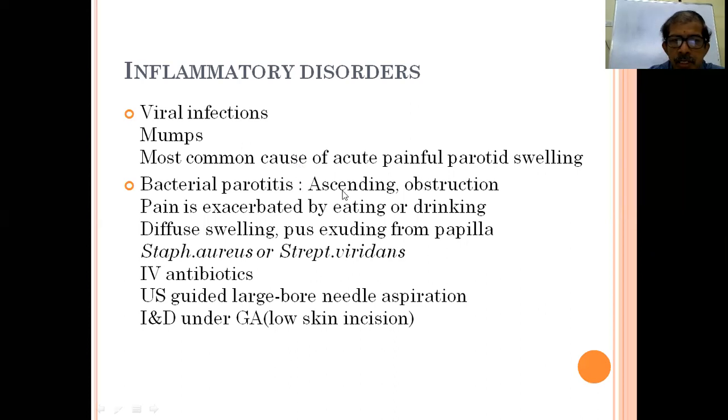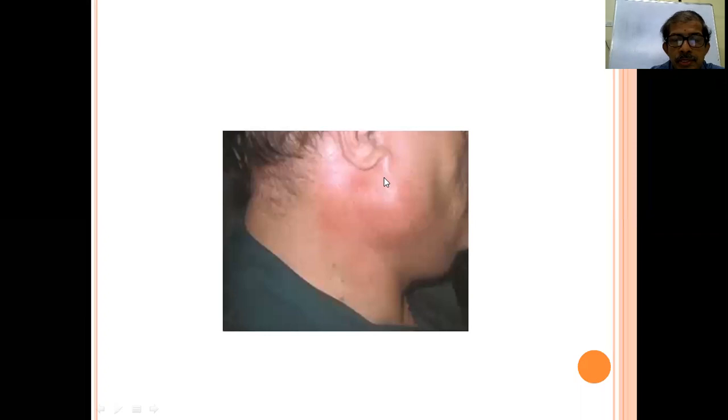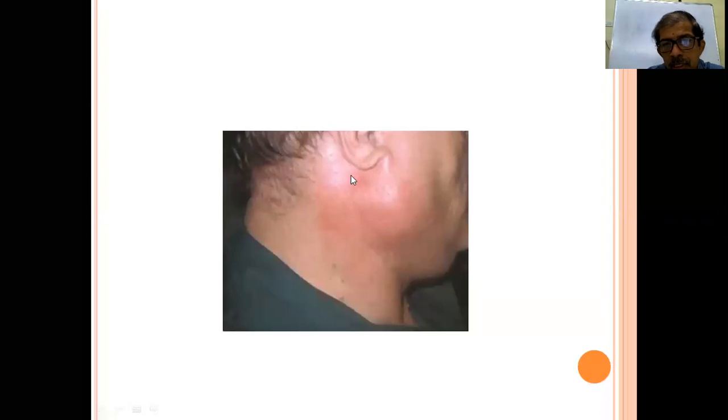Among inflammatory disorders, the commonest is mumps. Then you have bacterial parotitis, mainly because of obstruction. You can see that the lower part of the gland is mainly enlarged, so it is very easy to give an incision here, whereas if you give it just below the ear lobule, you are likely to damage the nerve.